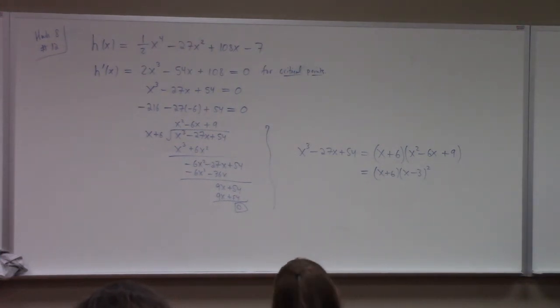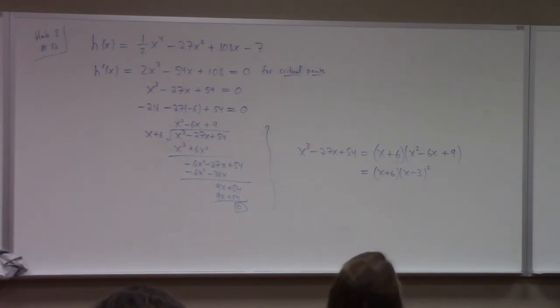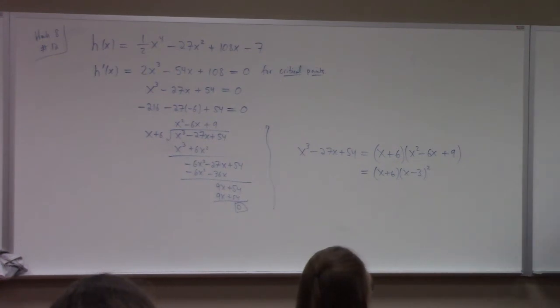The difficulty of this problem is that a cubic is hard to factor unless you have some insight, right? So if I was to ask this question on a test, I would give you a little help. I would give you a little push in the right direction. I would say something like, it may be useful to notice that minus 6 is a critical point for this function.